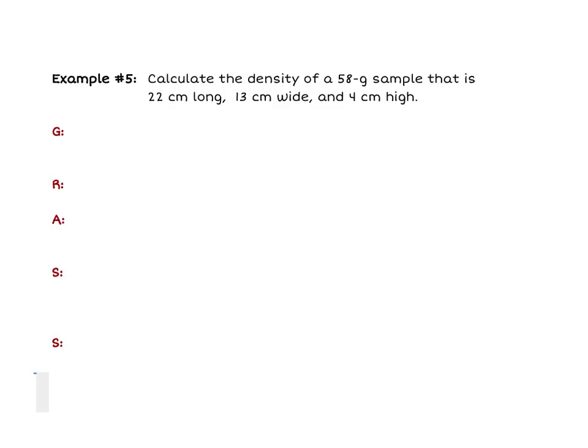All right, so in this case, let's look at what information I have. I'm asked to calculate the density. I'm given that I have a 58-gram sample. So let's write out some of that. I have my mass in this case, and it is 58 grams. And I have that my density I'm required to find. But what other information do I have?